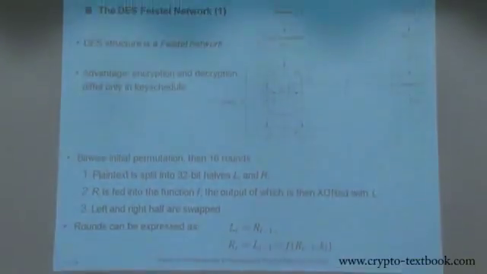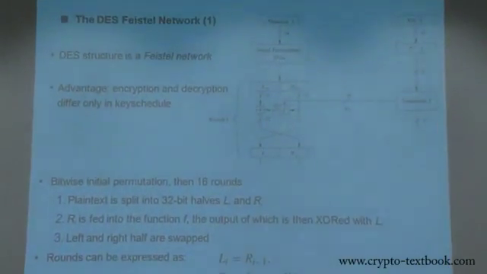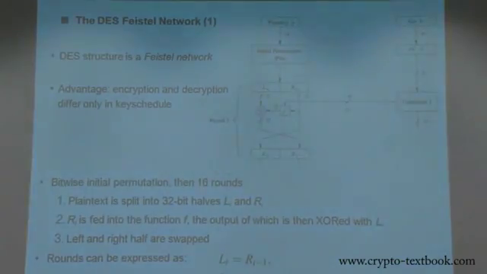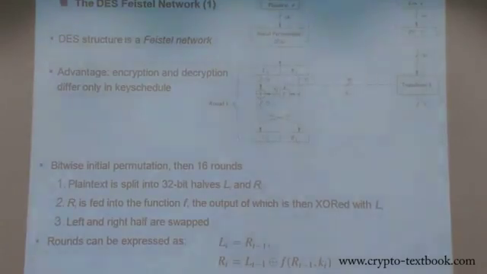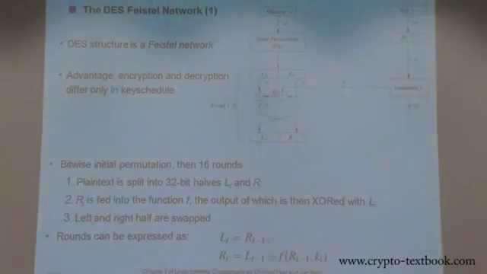How many rounds do we have? 16. That means the entire DES algorithm consists of 32 permutations anyway, and now they add 1 in the beginning and 1 at the end. So we go from 32 permutations, and they're all slow in software, to 34 permutations. So this doesn't make DES much slower.